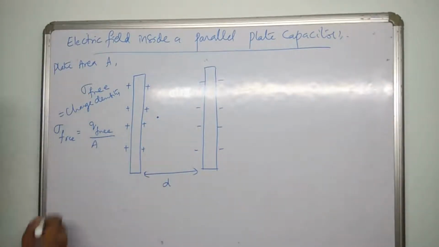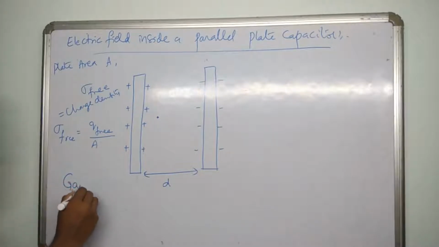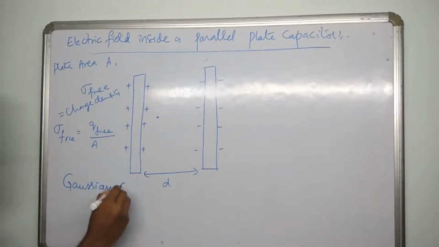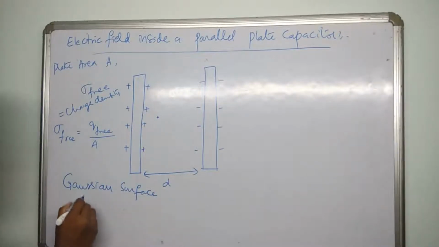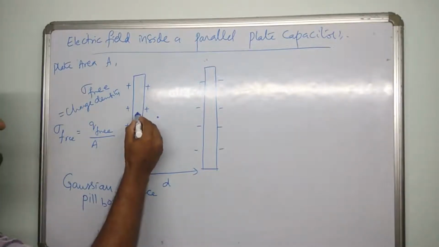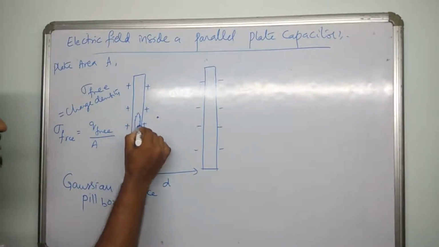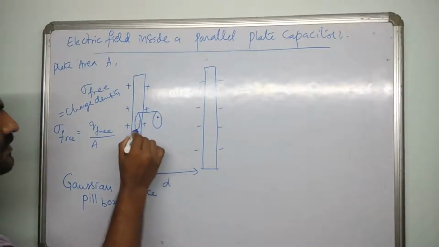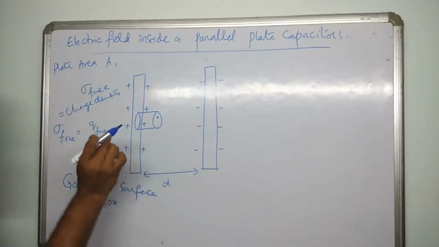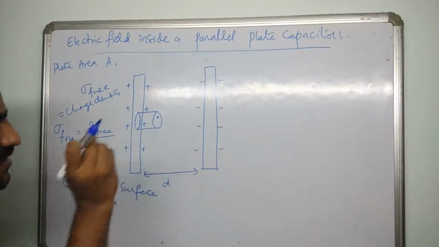For that, let's construct a Gaussian surface. What is a Gaussian surface? Of course, it is a pillbox. Gaussian pillbox. Pillbox means thin cylinder. How do I construct? Let me do it here. So I'm actually considering some kind of cylindrical area, a small box, something like a Vicks box or Amritanjan box, a smaller one.